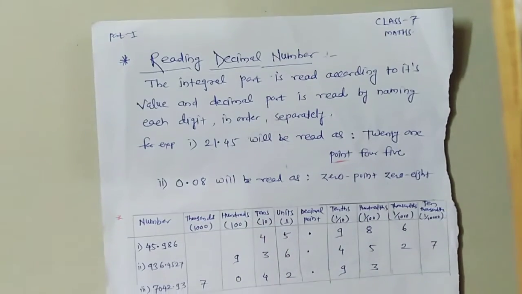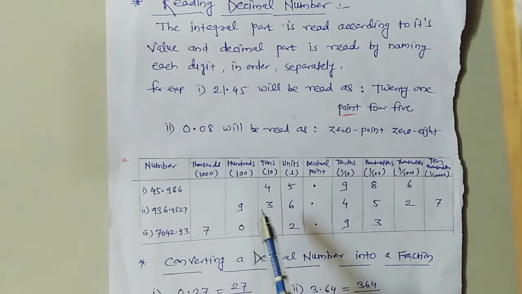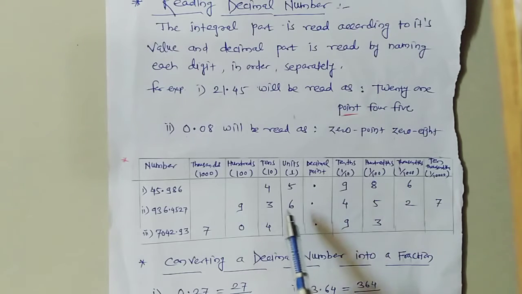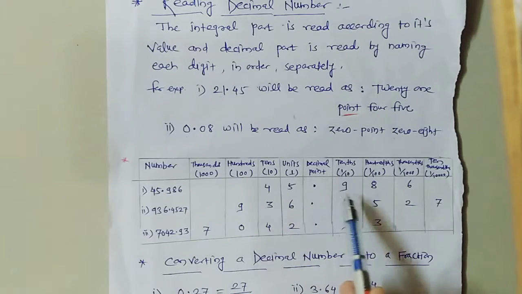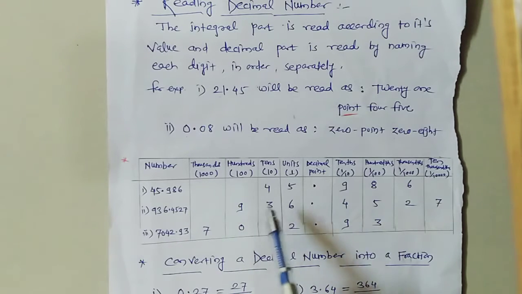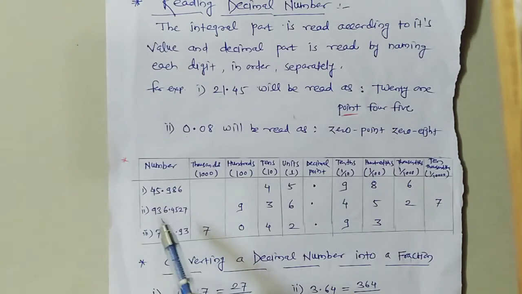Now the next important thing, you can see this table. This table shows the place values of different digits of a decimal number. So there are 10 columns.